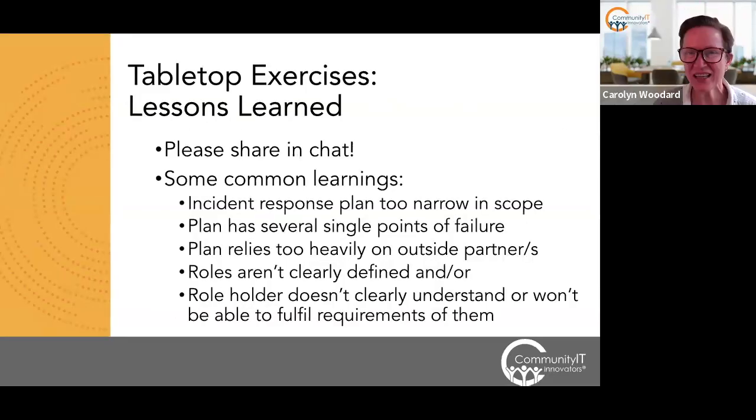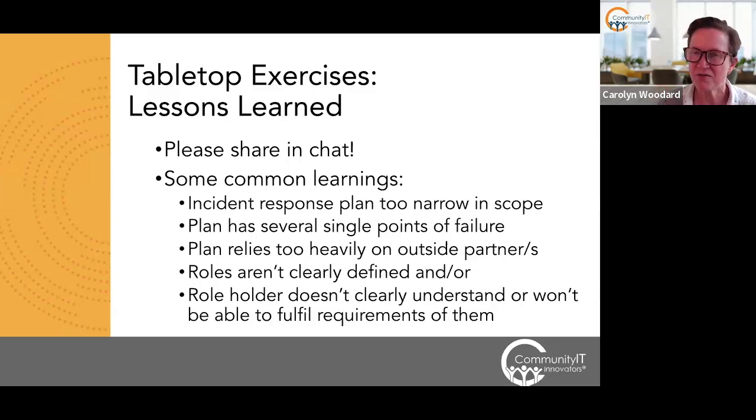All right. So we're going to hit a few of the lessons learned. If you want to share with each other, if you're new to this idea, what is it making you think of? Are you already taking away some lessons that you're newly thinking about? And Matt, you were going to tell us about some common learnings. There's no one size that fits all.